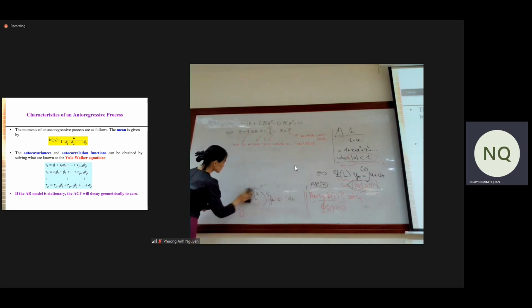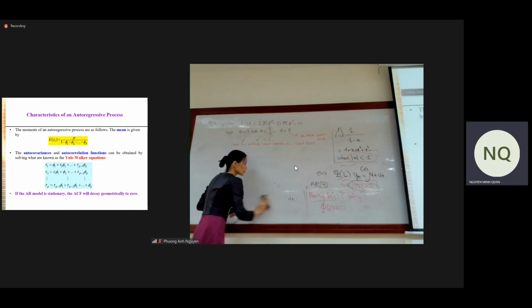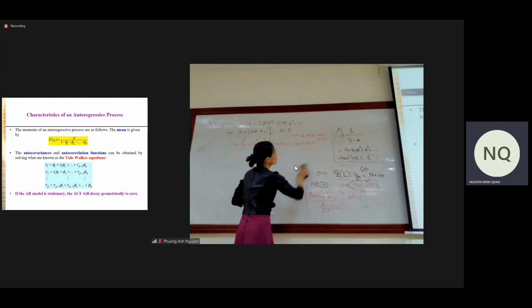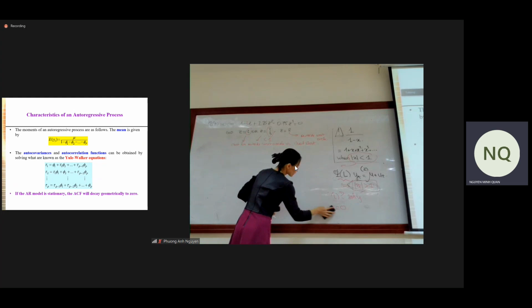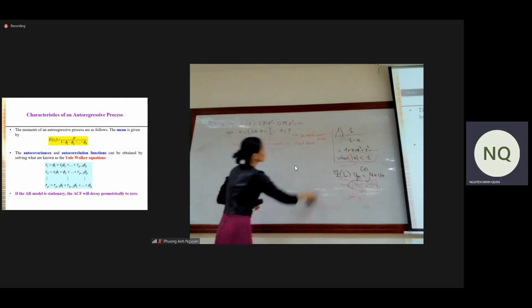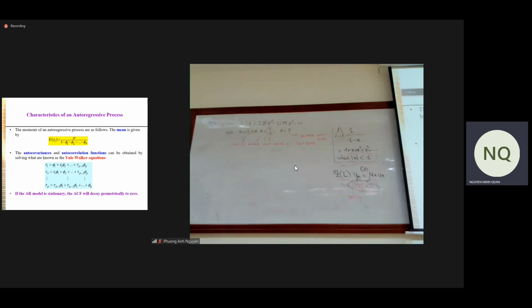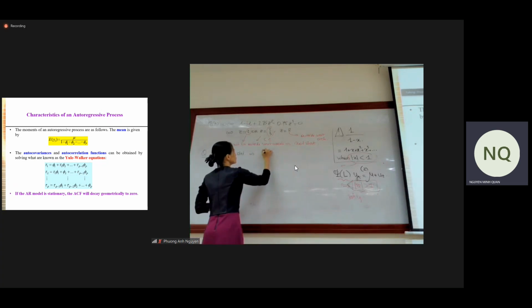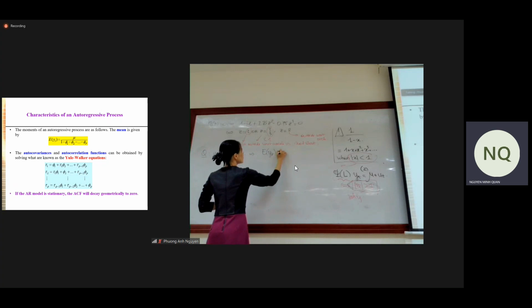You may wonder what is the unconditional mean, what is the variance, and what is the autocovariance. So the question now is, if the series is stationary, what is the expectation?